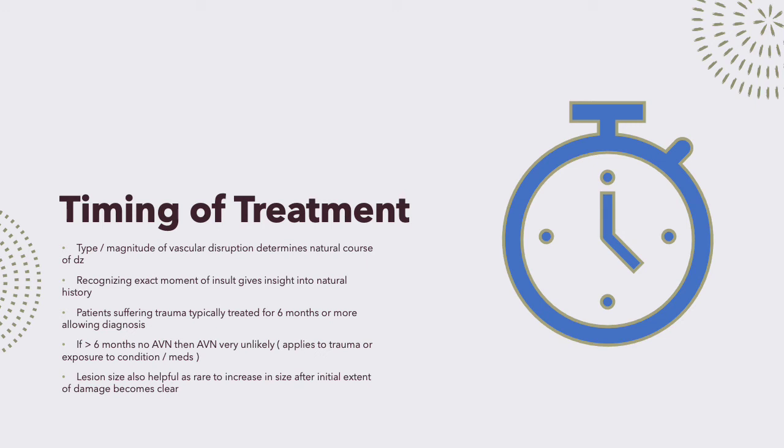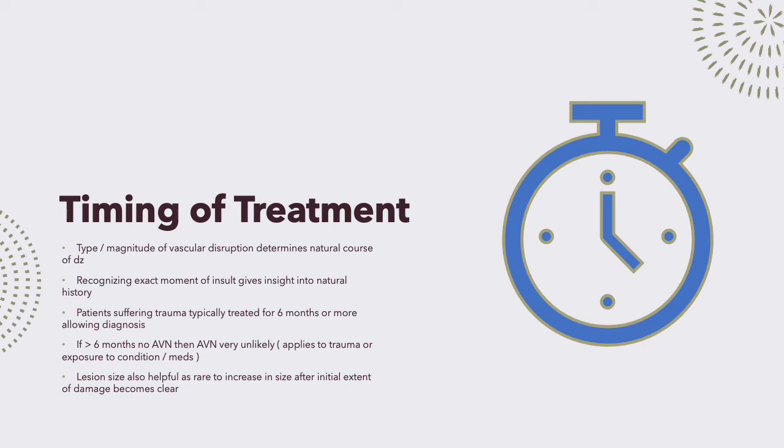However, patients suffering trauma are typically treated from 6 weeks to 6 months or more, allowing a substantial window of time to allow a diagnosis. And generally speaking, if after 6 months there is no avascular necrosis, then it's very unlikely that it will appear. And this applies to both trauma or exposure to certain medical conditions or medicines.